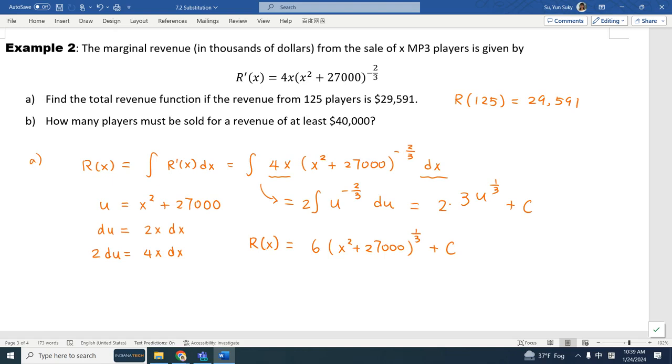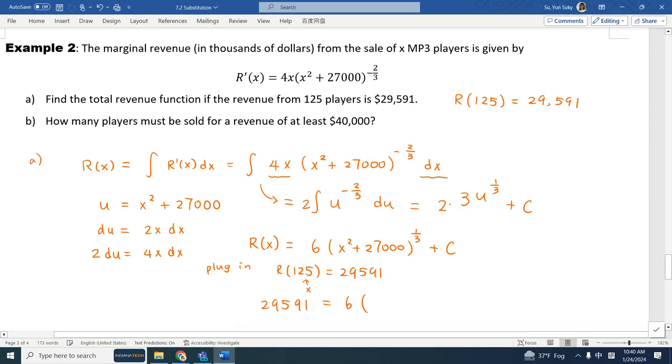Yeah, so bring your calculator to class. Now we need to figure out the C. So we plug in R of 125 is 29591. So on your left hand side, 29591. The right hand side, 6. What is the x? What do we plug in for the x?